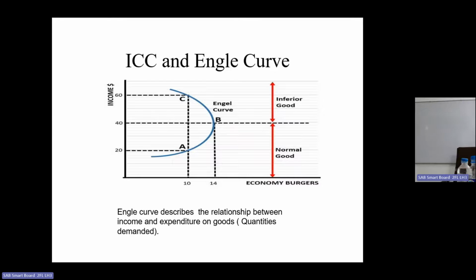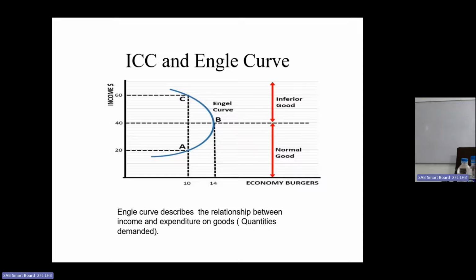So one product, and the income level changes, what about the demand? We consider only one product with the change in income, so the relationship between income and the demand for that product will give us the same thing that we explained with the points, over the Engel curve, right?